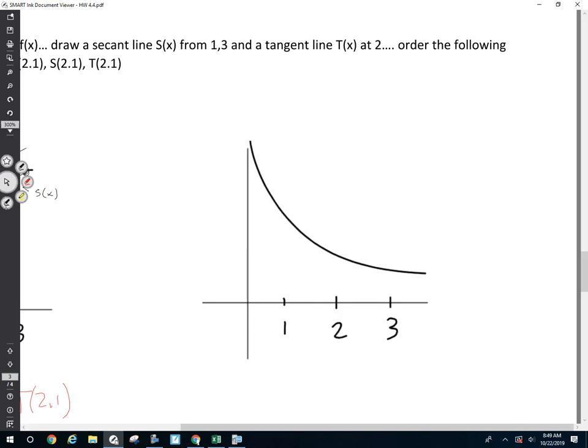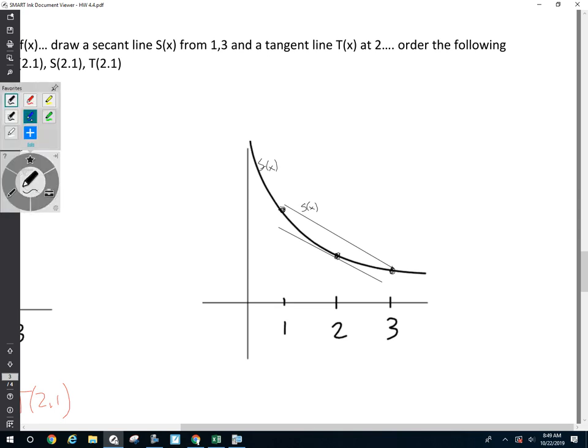Let's look at the same thing here from 1 to 3, talking about a decreasing concave up function. Here's my secant line, s of x. Here's f of x. My tangent line at 2. Again, similar to a mean value theorem situation. And let's look at 2.1. I got s of 2.1 in blue.